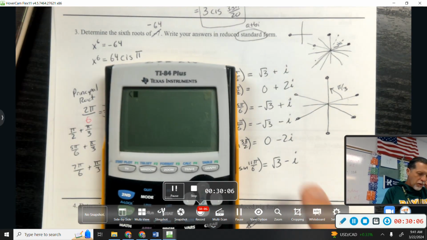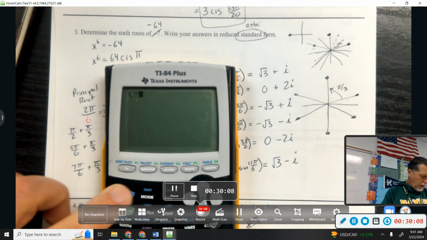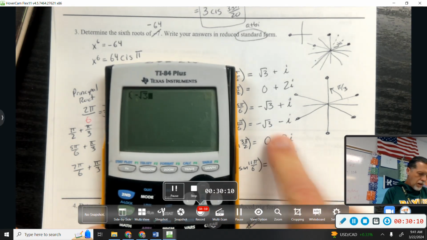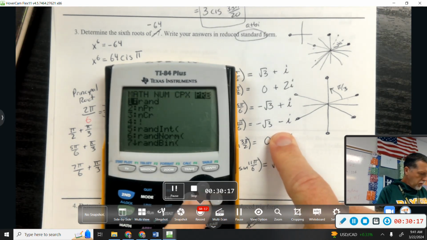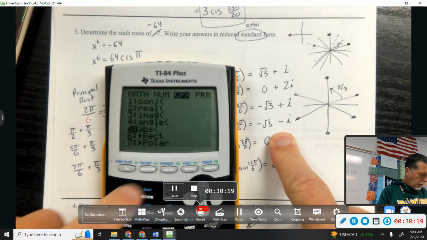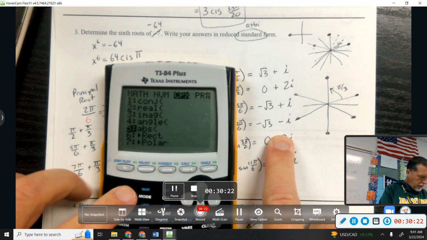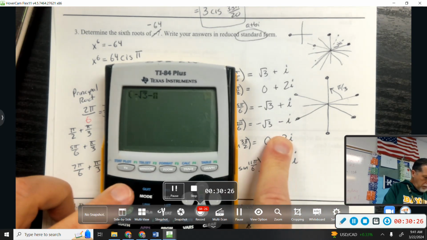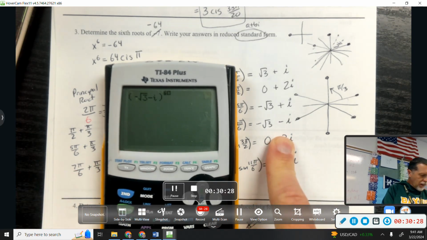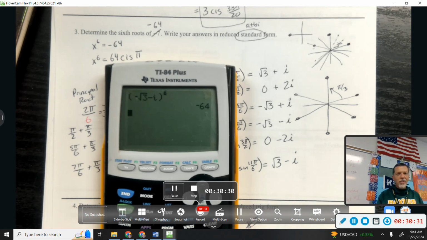So I'm just going to pick one. Let's do negative square root of 3 minus i. Negative root 3 minus i to the 6th. That should be negative 64, and it is. I should be able to check any of those and get negative 64. So that's kind of neat that it would work out that way.